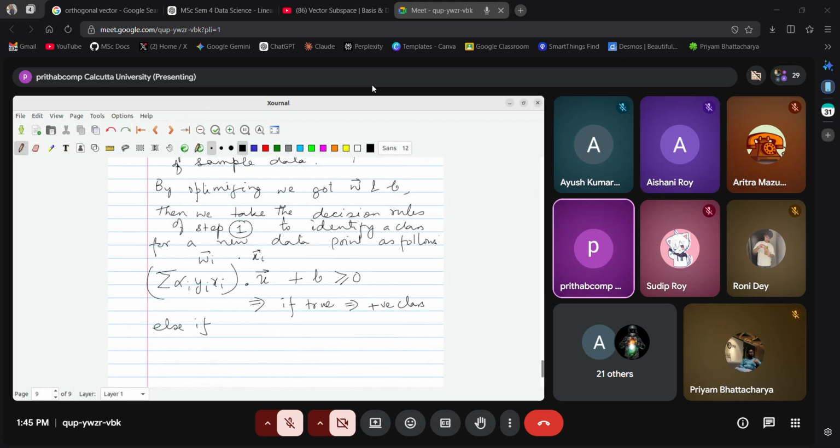Else, if this summation yi xi dot u plus b is less than or equal to 0, then this implies it is a negative class.